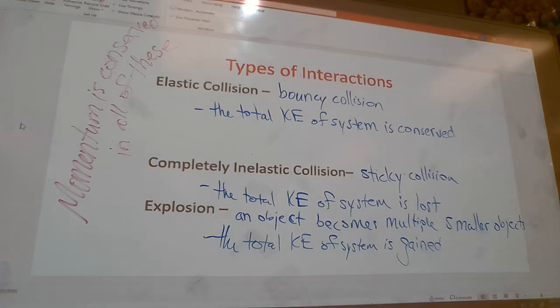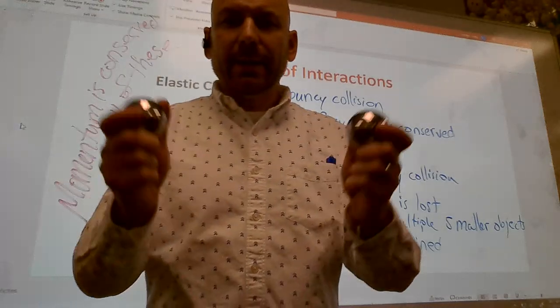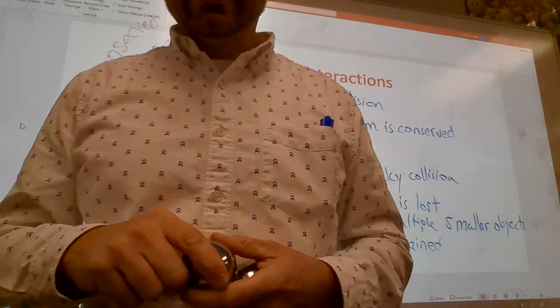But in the real world, you're never going to get a perfectly elastic collision. But just like in physics, we can say we're going to ignore air resistance, or let's pretend this is a frictionless surface. We can pretend that this would be an elastic collision.